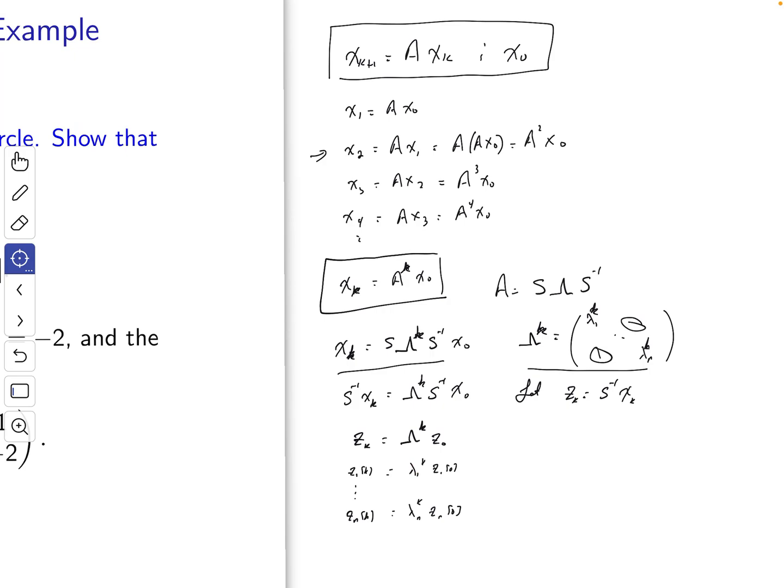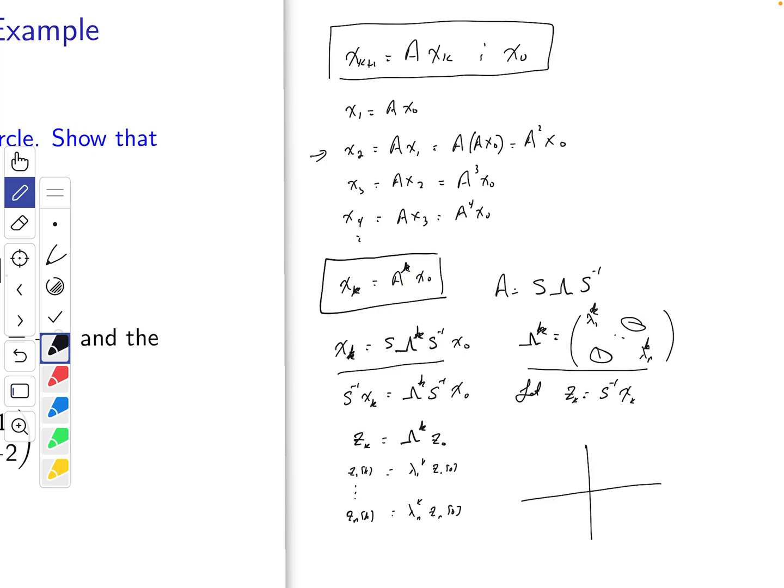We can also think of this in a phase diagram: this is the first eigenspace, maybe the second eigenspace, and if lambda 1 was less than 1, then you're going to move along this vector. And if the absolute value of lambda 2 is greater than 1, then of course you'd have an unstable mode.